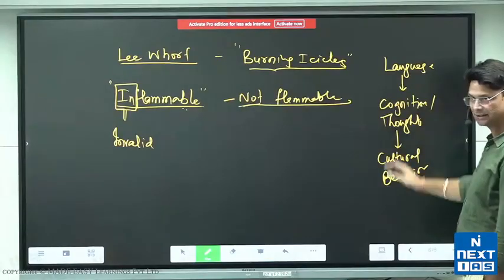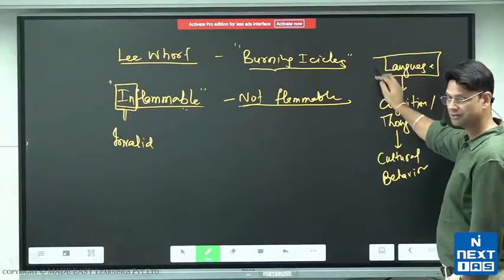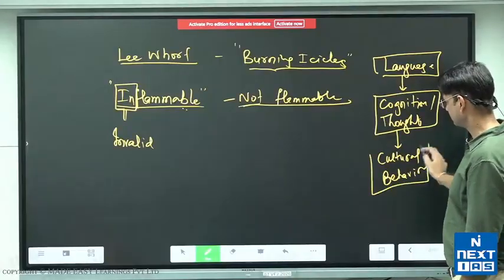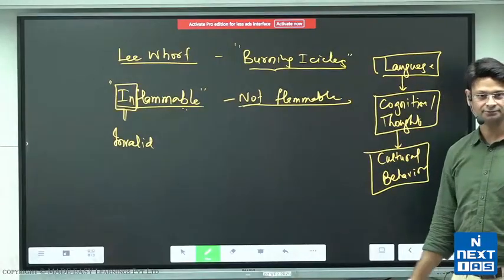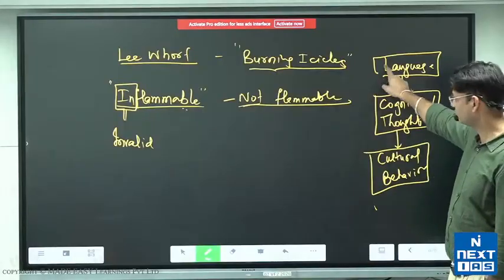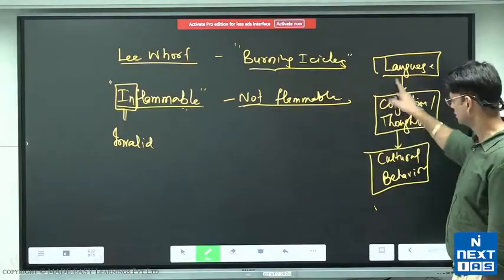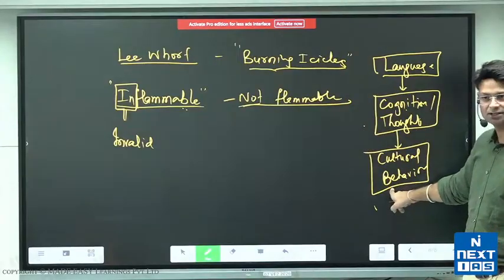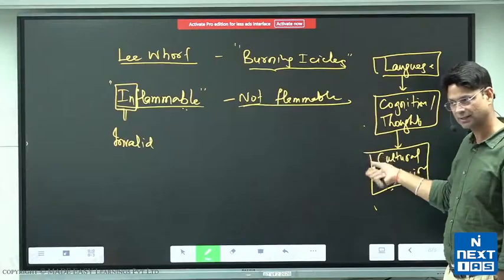Right? Now read this theory. Inflammable language, thought नहीं जलेगा, सिगरेट फेंक दिया, जल गया. Understood? Inflammable, that was the language. Thought क्या आया? नहीं जलेगा. Cultural behavior, throwing the cigarette, and it burnt.